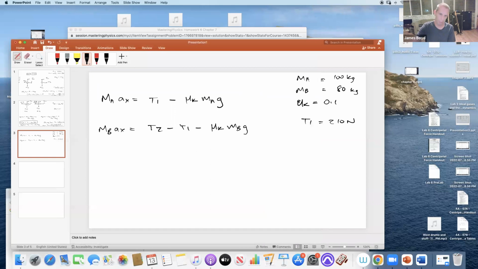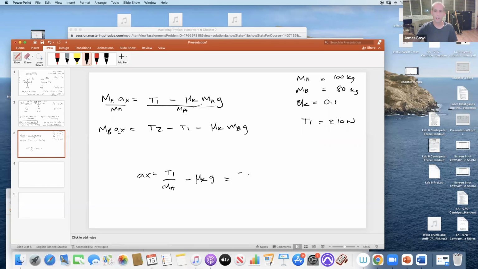So in order to find T2, I need to know A X, T2, T1. I know all this, I don't know A X. However, I can get A X from here. If I divide both sides by M A, what I get is that A X is T1 over M A minus mu K G. Those M cancel.